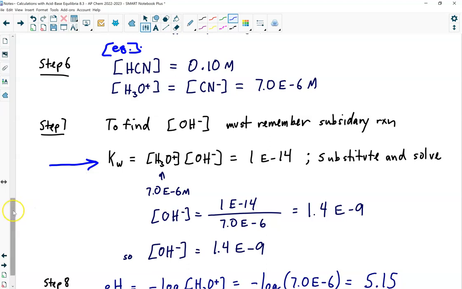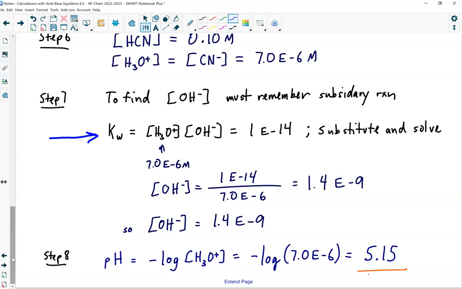All right. And then step 8 is calculate the pH. So all of that in order to get a lousy pH of 5.15, right? But how do you find the pH? Well, you take this concentration of H3O, 7 times 10 to the negative 6, and take the negative log of it. You good?